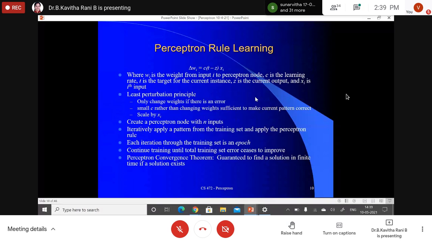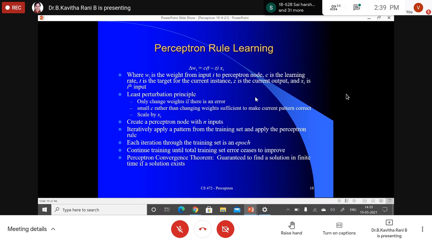So if we do 5 iterations, the epoch is equal to 5, which means we repeated the network 5 times. Epoch is the total number of iterations, how many times we have done it. Continue the training until the total training set error ceases to improve. Until we get a lower error rate, we repeat this process.